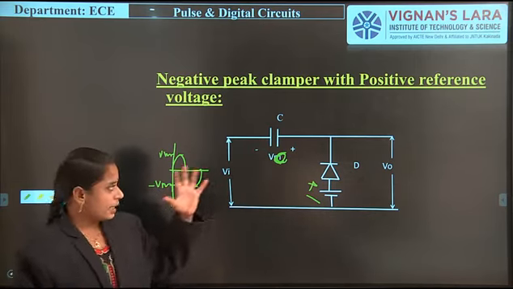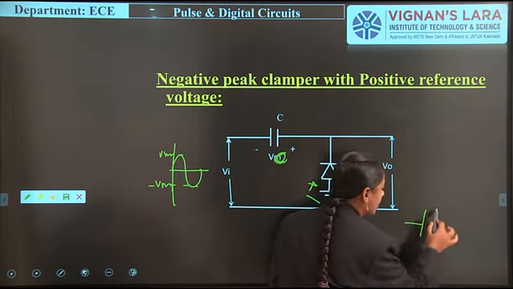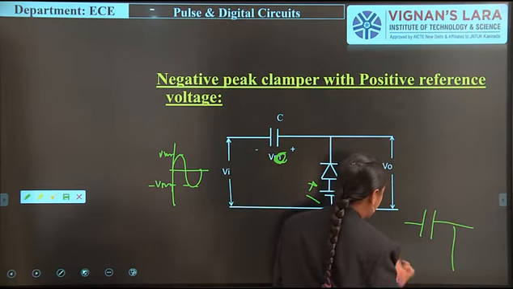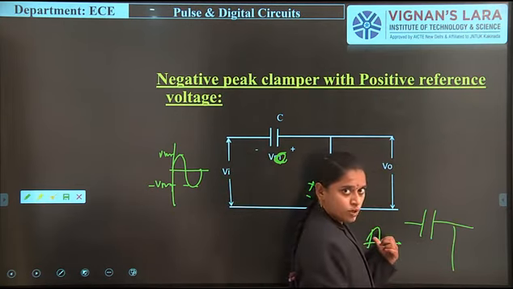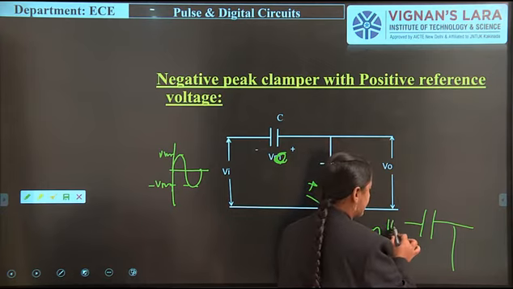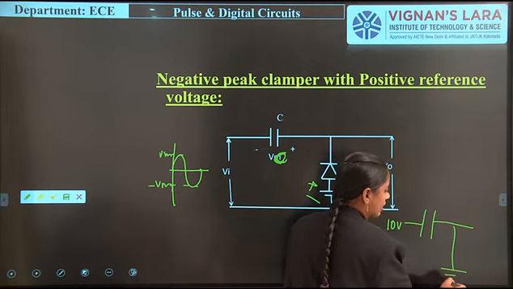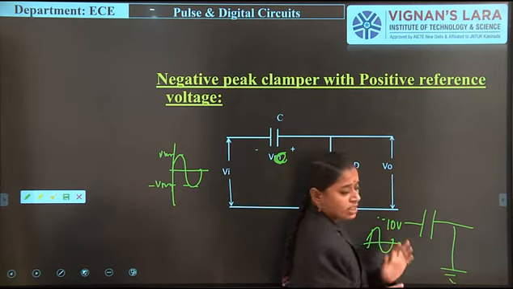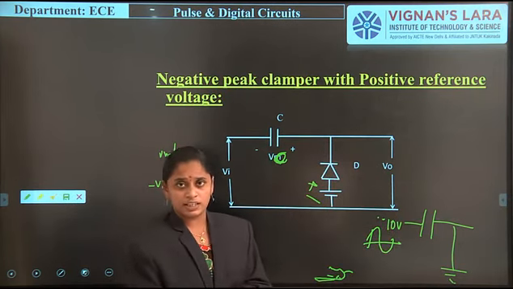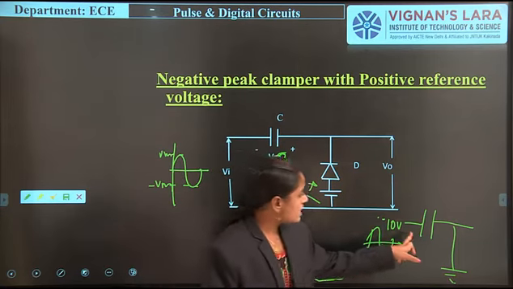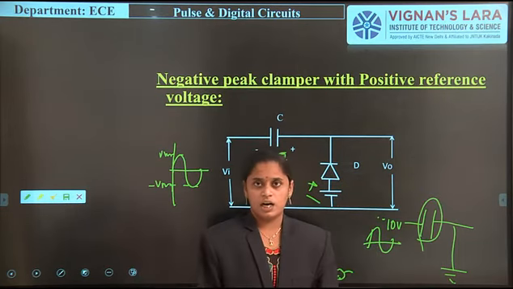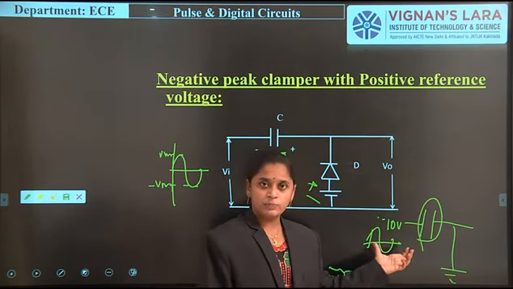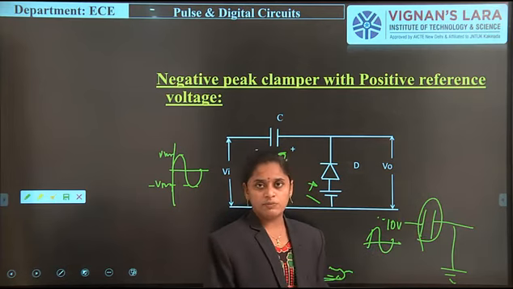Why? Because a capacitor connected between a positive terminal and ground, for example 10 volts, with the other end connected to ground, starts charging and can charge up to the maximum input voltage, assume 10 volts.